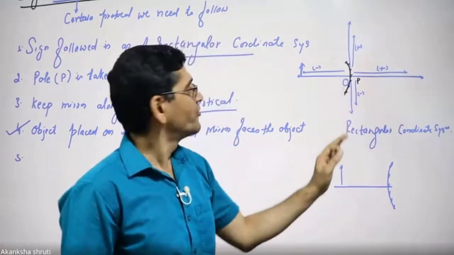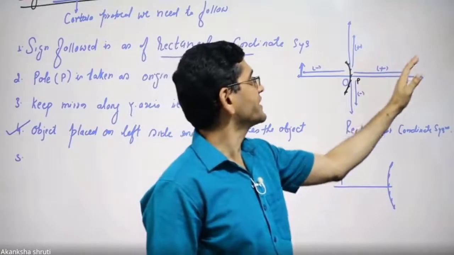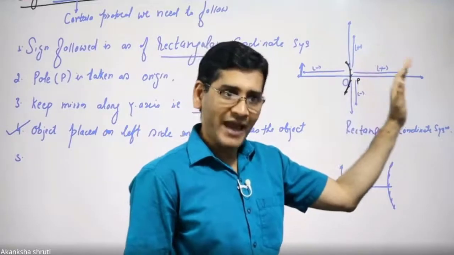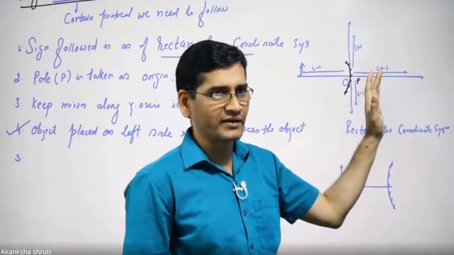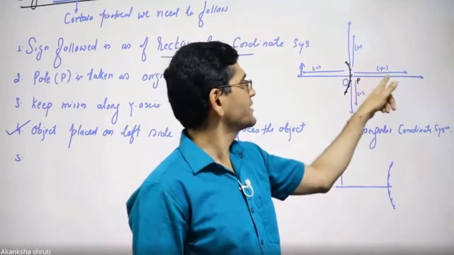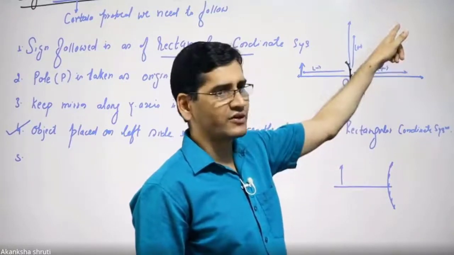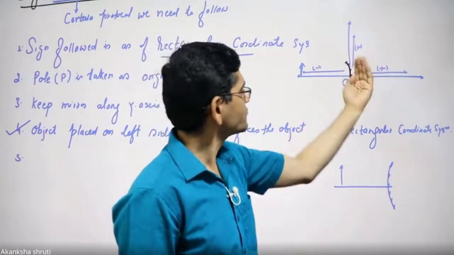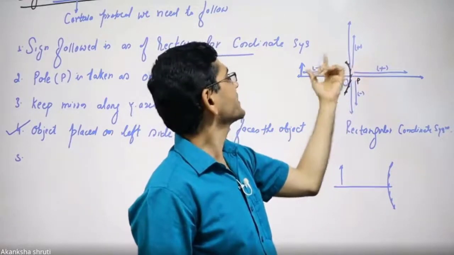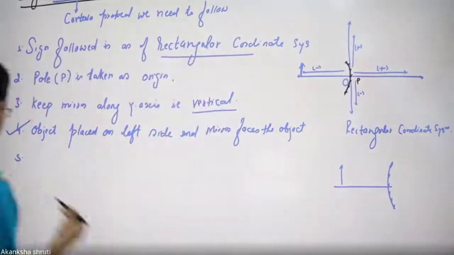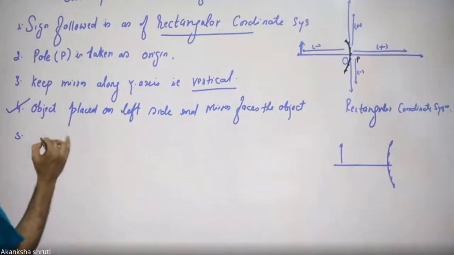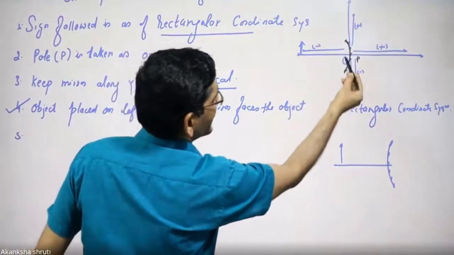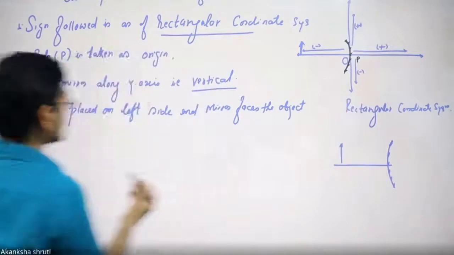Don't worry whether the object or the image is on the front side of the mirror or on the back side of the mirror. Don't worry for that, because in case of a virtual image, the image is on the back side of the mirror also. So don't worry for that. Just place this orientation and take the sign convention. So what is the sign convention? All the distances, means horizontal distances, on the left hand side are taken negative and the right hand side is taken positive.